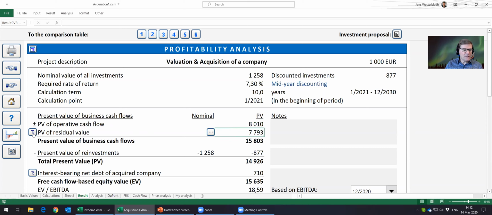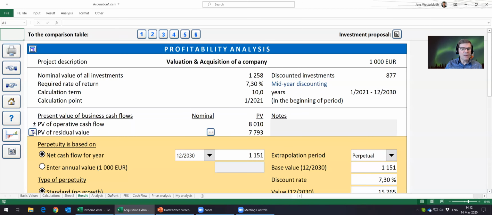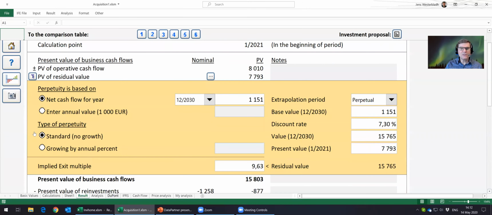So notice that to the left there is a button for that row. And I press that button, it opens a yellow box for calculating the present value of the residual value, also called terminal value. So it now assumes going concern forever.